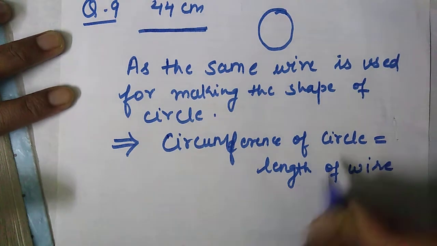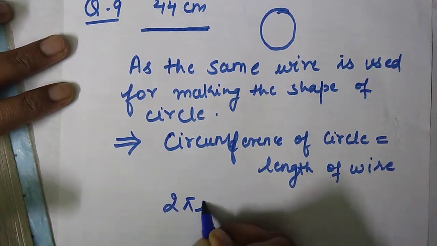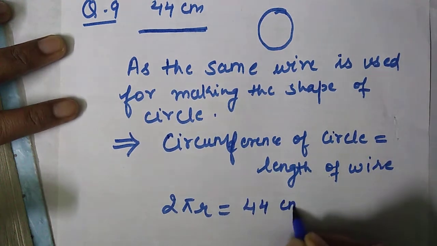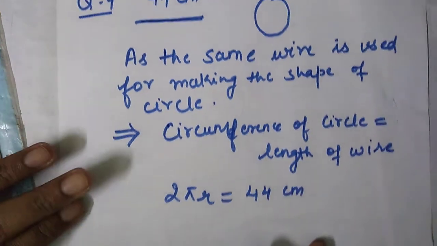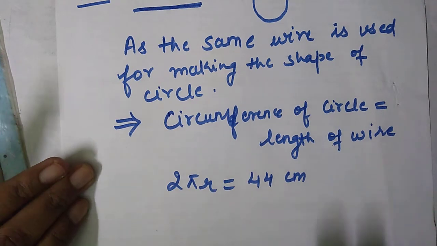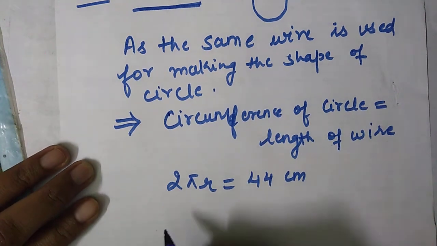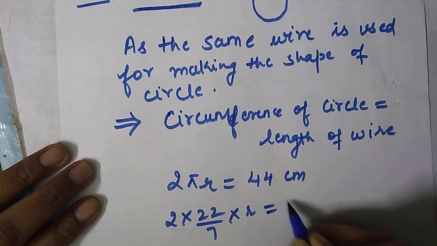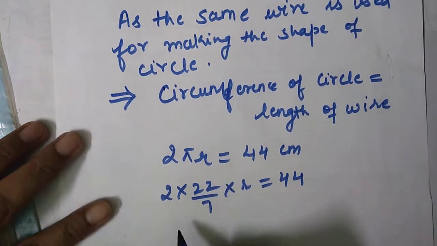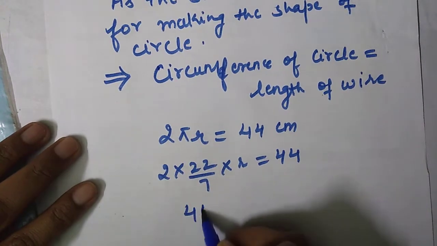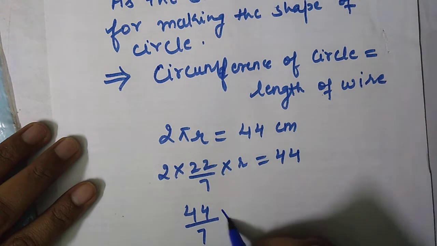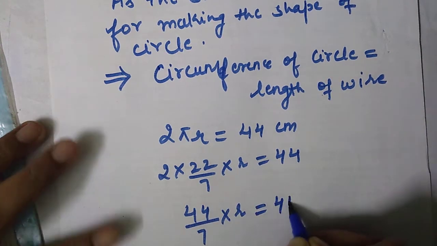So the circumference of the circle, we know, is 2 pi r, and the length of the wire is given as 44 centimeter. Now put the value of pi. In this question we have to use 22 by 7 as mentioned in the question. So 2 into 22 by 7 into r is equal to 44. 2 into 22 is 44, so 44 by 7 into r is equal to 44.